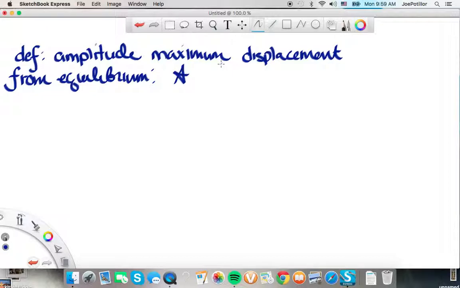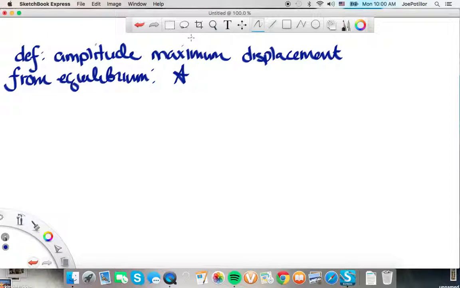Sometimes you'll see lowercase a in the textbook as well, but they don't want you to confuse it with acceleration, so we'll use capital A. We measure amplitude in meters, or whatever unit of length, sometimes centimeters, mostly meters.